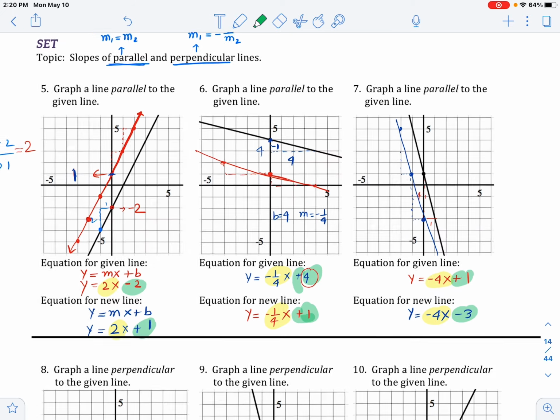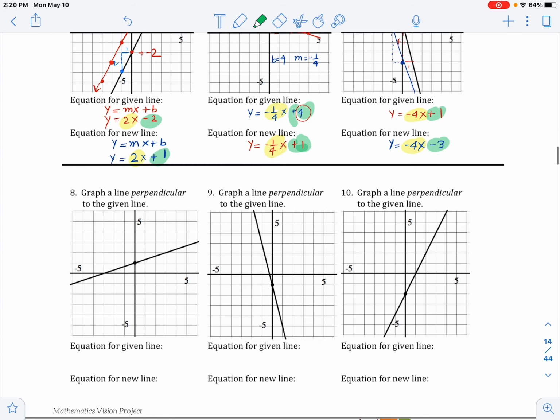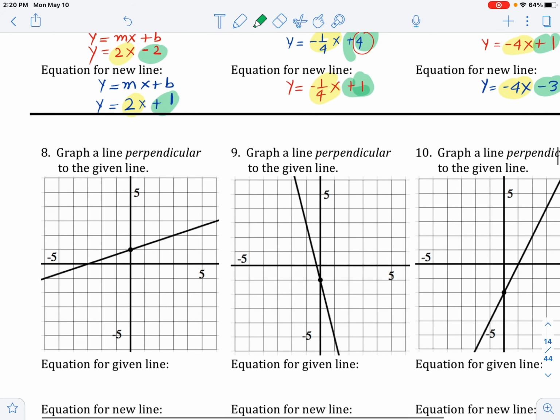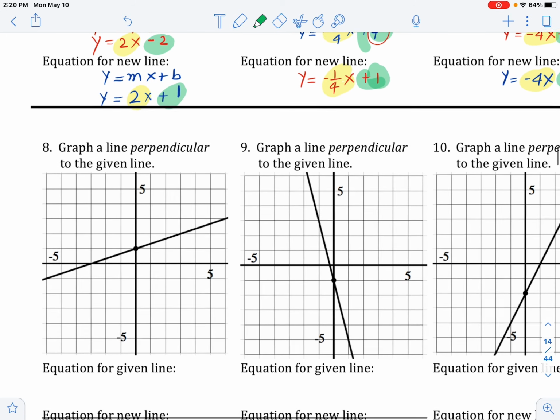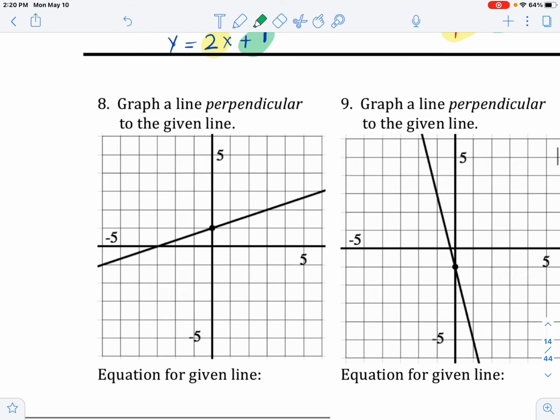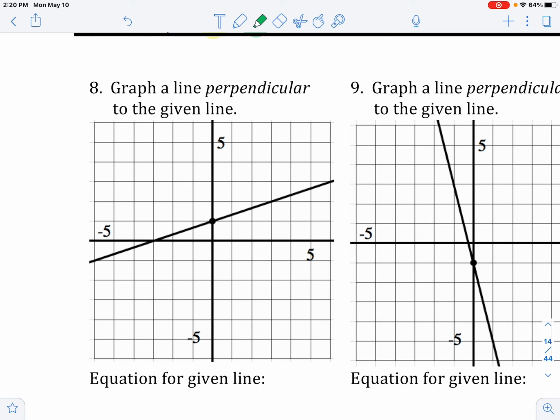Okay, same thing when we have the perpendicular line. What will happen? For perpendicular line, our slope is not going to be same. The slope is going to be negative reciprocal. For that case, when I look at it, perpendicular line, it's basically for this one. If I have to look at the slope, I do see that slope for this line is up by 1 and right by 3.